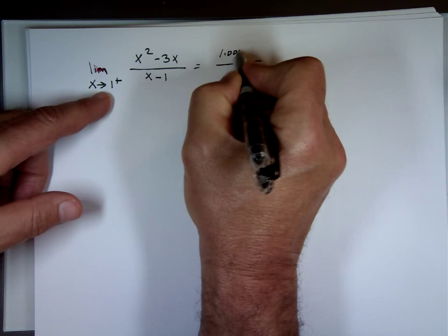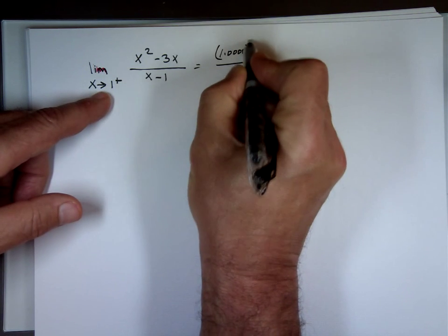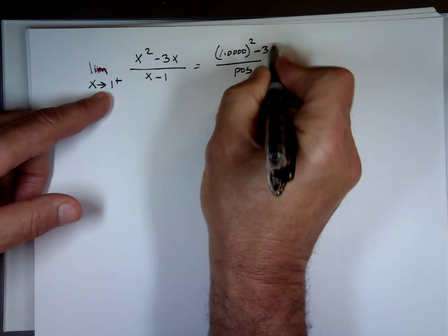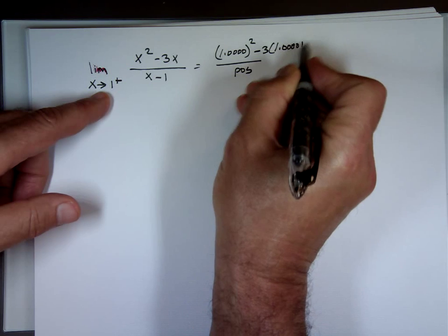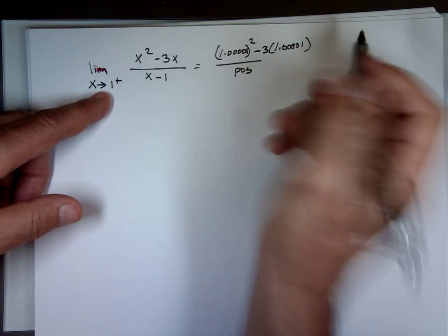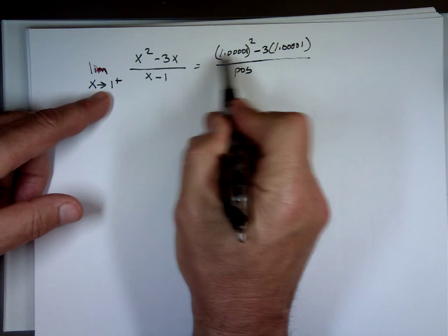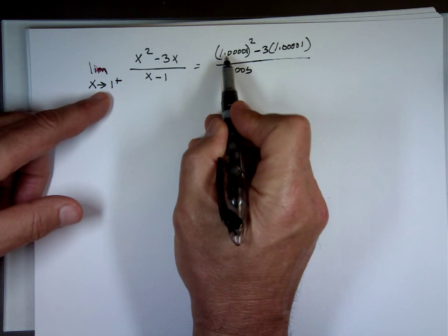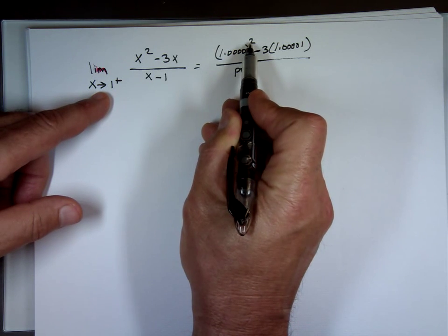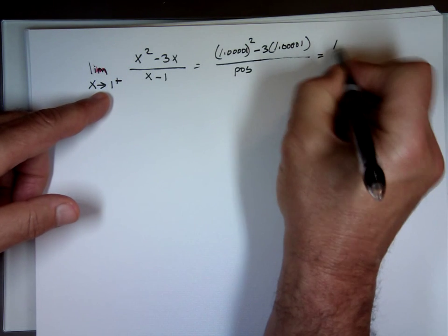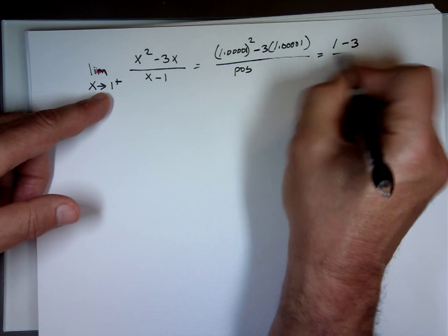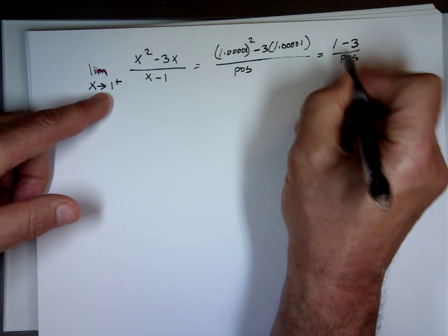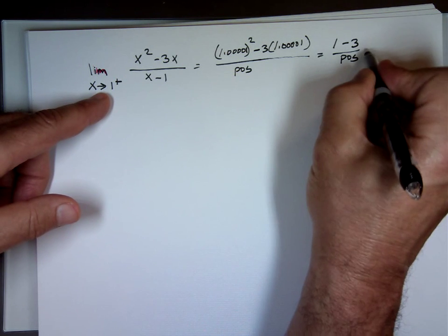When you square it, minus 3 times 1.000, I forgot to put the 1 there. Well, think about that number. That's almost a 1. What happens when you square the 1? Still a 1. This is almost a 1. What's 3 times 1? 3. Over a positive number, what do you have? Positive or negative? That's a negative infinity.